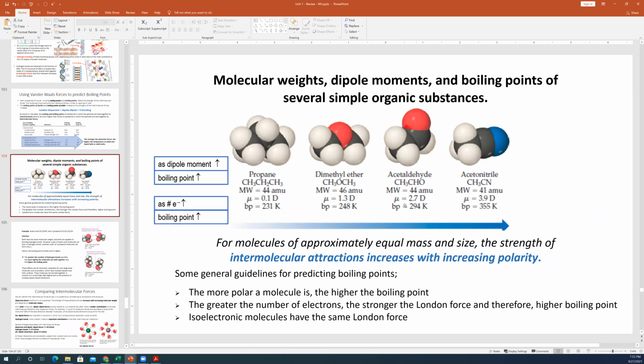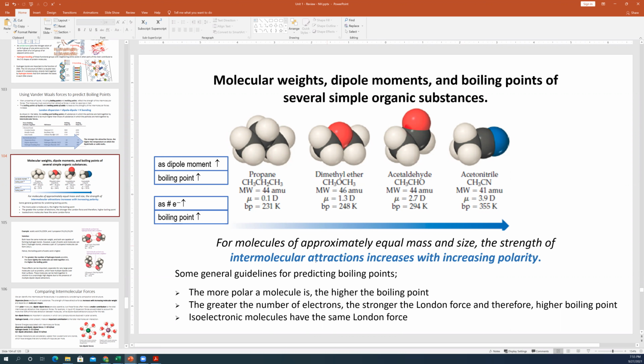You can review this slide on your own time and make sure you understand how the boiling point increases. Here, this BP value is the boiling point. The boiling point increases as the molecule becomes more polar, as it has a bigger dipole moment, and also as the molecule becomes larger so that it has more electrons, as the electron number goes up.